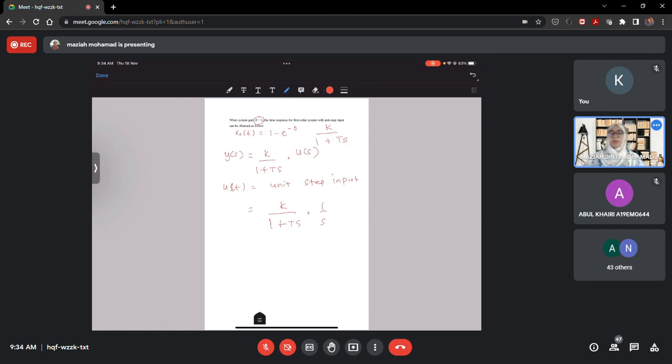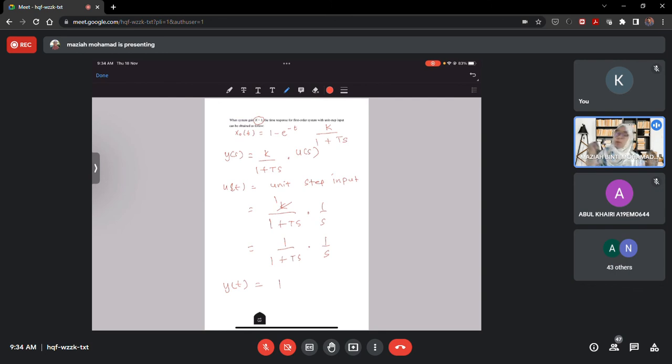It is similar to the spring damper system, and k is also considered 1. So you have 1 over 1 plus ts multiplied with 1 over s. If we derive that, we will get yt.